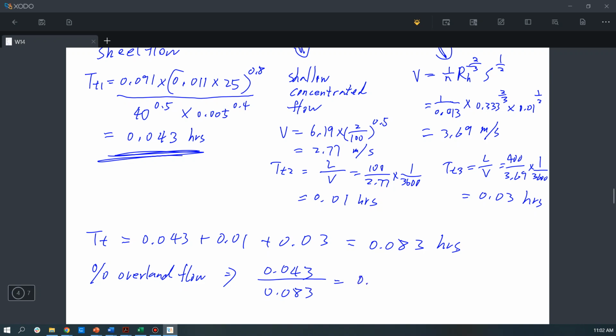This gives us 0.52, which is equal to 52%. Okay.